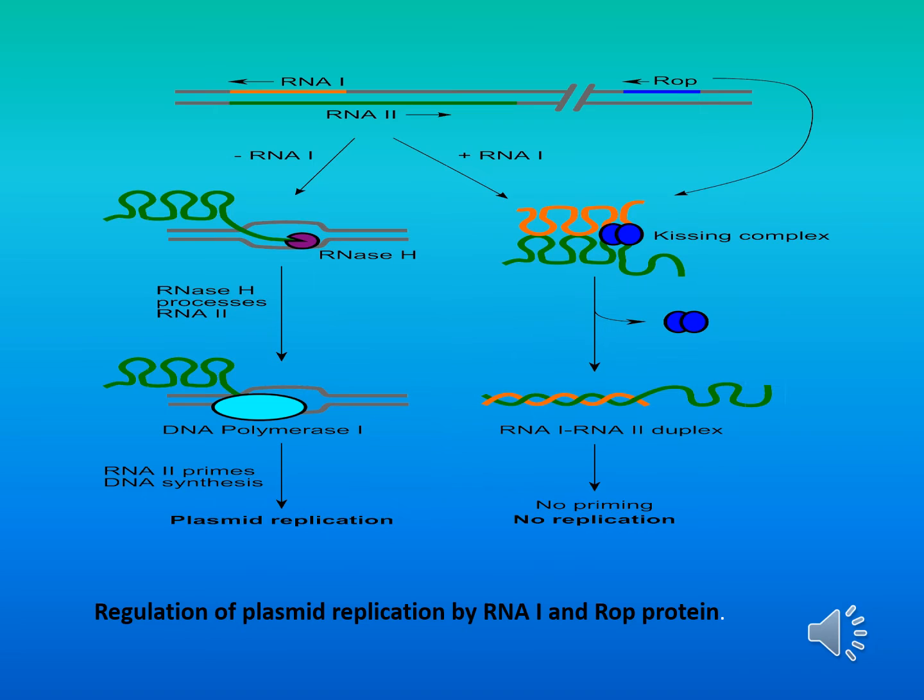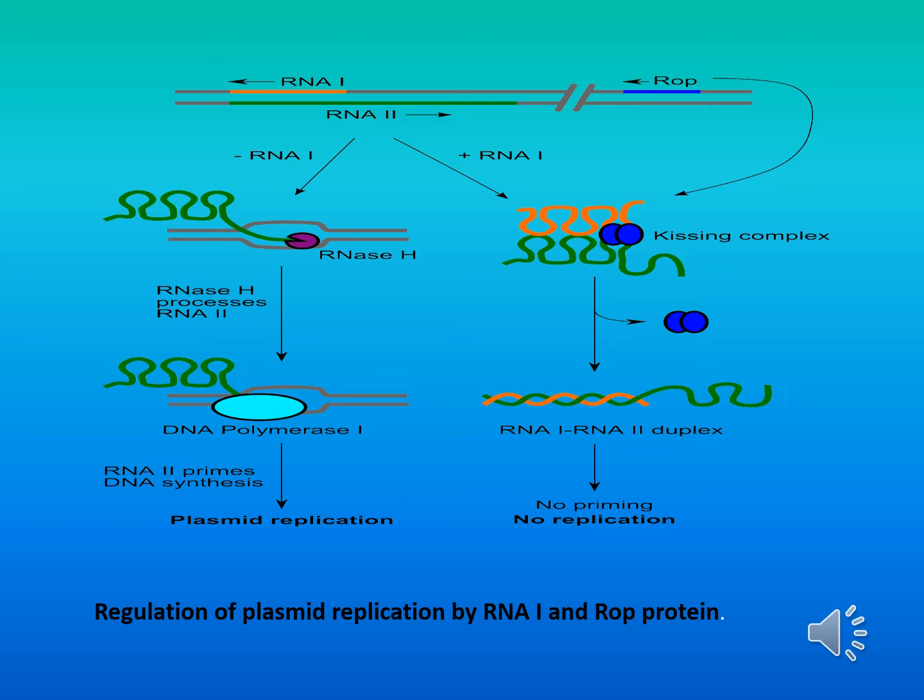Now we will see how this Rop protein controls the replication of this plasmid. Above is shown the origin of replication of this plasmid. This ORI region encodes two RNA molecules, RNA1 and RNA2.